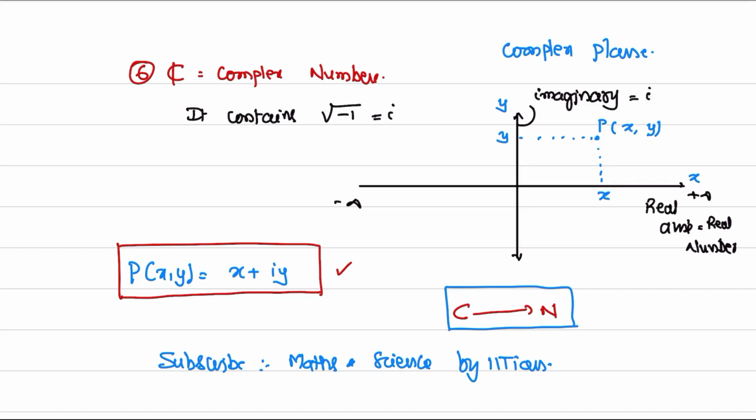This is going to be a very good chapter, complex numbers. Please try to put your concentration on this. Once you understand the complex numbers clearly, you can understand the subsets in a better way. Best of luck to everybody.